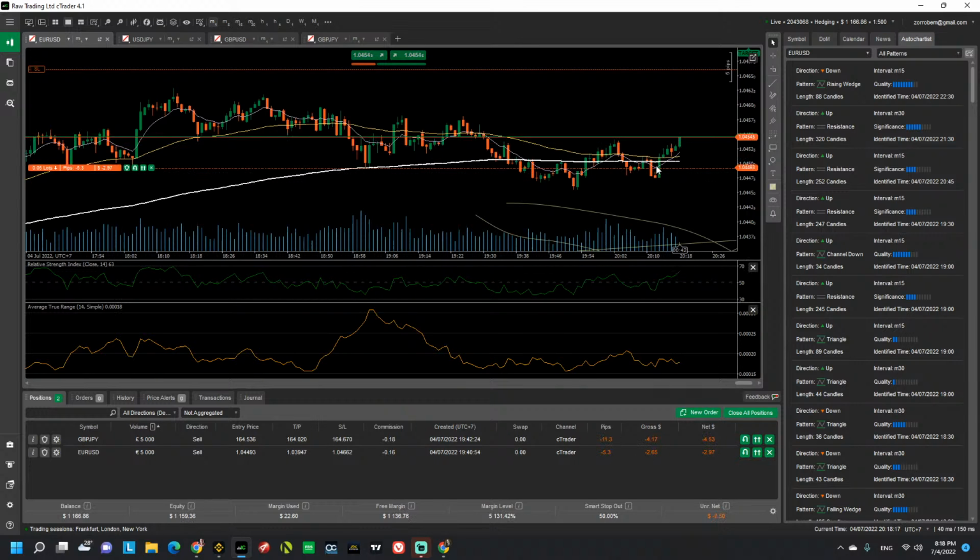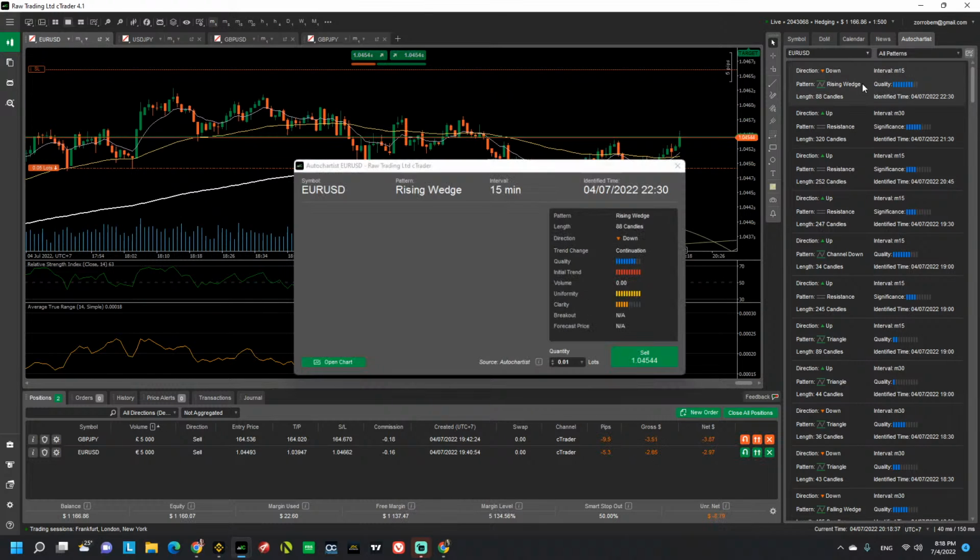Yeah, there. Yeah, it's also going up. So I'm also losing here. So I think the momentum is up. I have a new pattern in the auto chartist, which is a down.